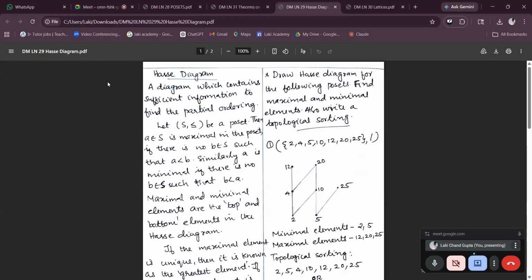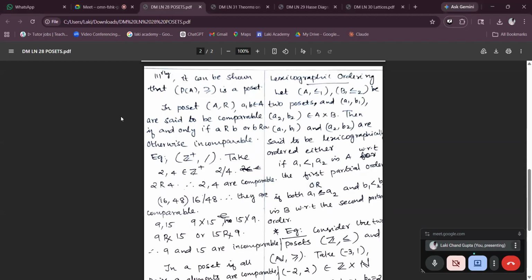Now see Hasse diagram. You know how to draw Hasse diagram? First, what you have to do? See, what is lexicographic ordering?